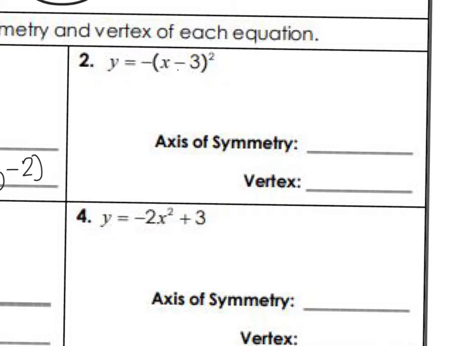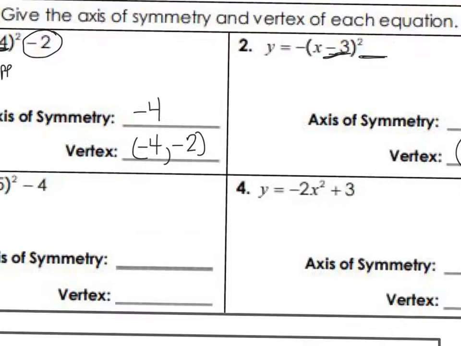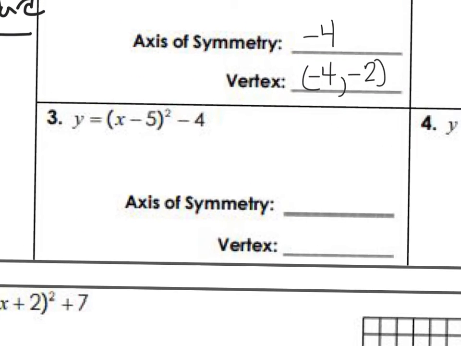Alright, let's look at this one. Axis of symmetry, again, the opposite of negative 3, 3. So my vertex x-coordinate is 3. And there's nothing out here for h, so we put a 0. On this one, axis of symmetry, the opposite, 5. And then my vertex x-coordinate is 5, and h is negative 4.